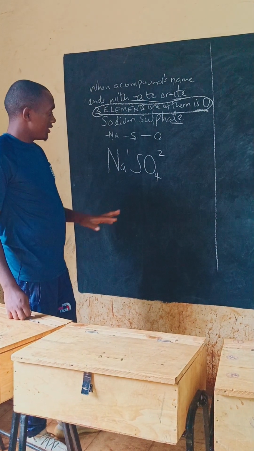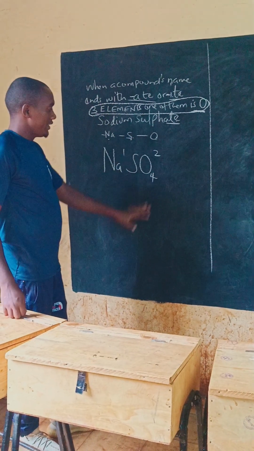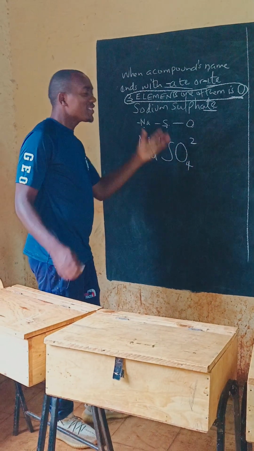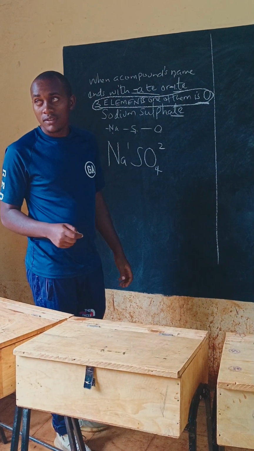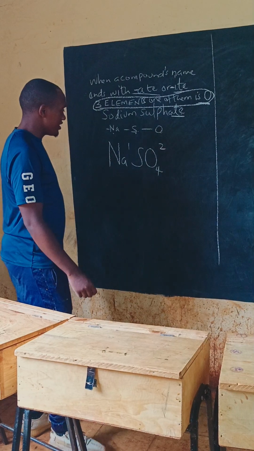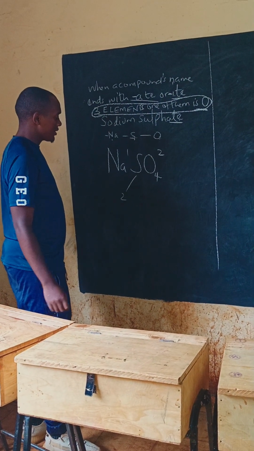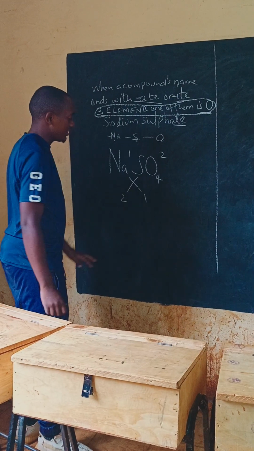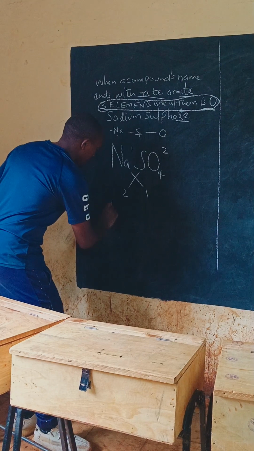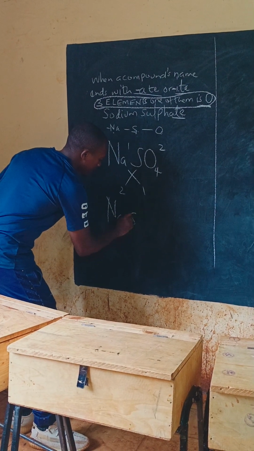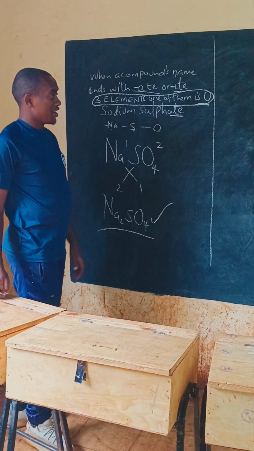Exchanging them, 2 becomes the subscript of sodium and 1 goes to sulfate. The 1 has no effect. Therefore, the formula of this compound will be Na2SO4. That is the formula of sodium sulfate.